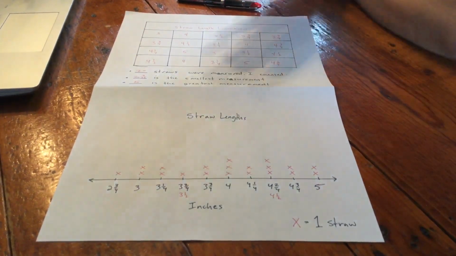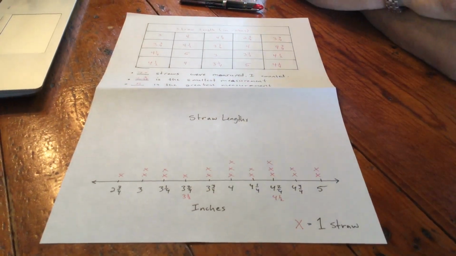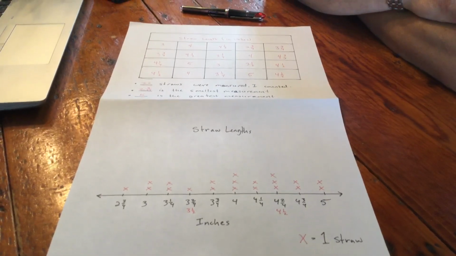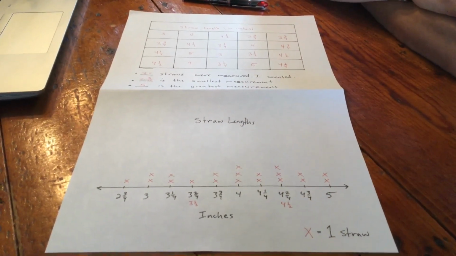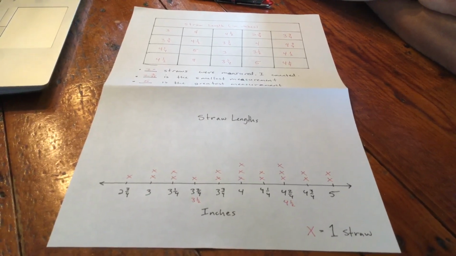So I can turn this data chart into another model that displays the same data. This is going to be important when we go over our debrief questions, because we're going to be talking about what different types of display models represent. I'll see you then.